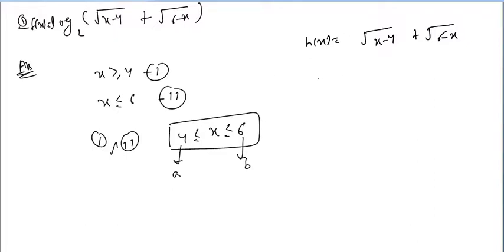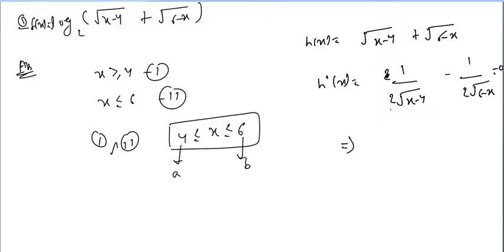So now take h dash x. h dash x is nothing but 1 divided by 2 root under (x minus 4) minus 1 divided by 2 root under (6 minus x), that is equal to 0. So here, to find the critical point, solve this.